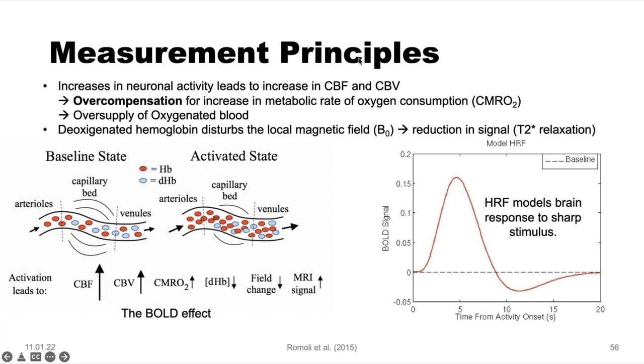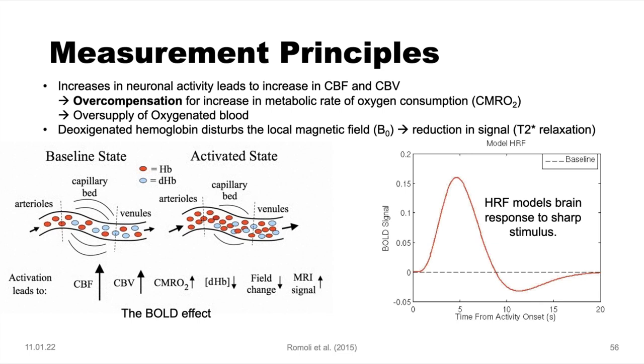And this is a cool feature because oxygenated blood has different magnetic properties in comparison to deoxygenated hemoglobin. The deoxygenated hemoglobin, the blood that has been metabolized, disturbs the local magnetic fields, and there are more inhomogeneities, and this affects the MR signal, and you can see a reduction.